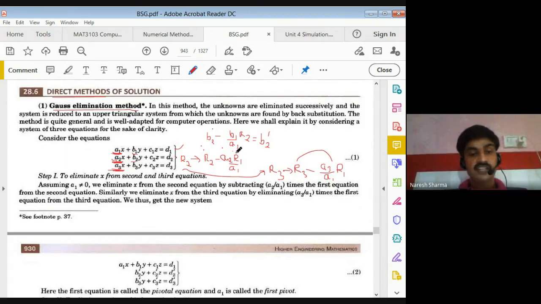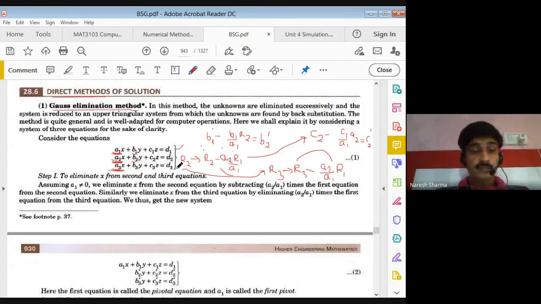Similarly, we operate on this also by using the same formula. The c2 in R2 is c2 here, minus R1 position, here we have c1. Now divide this by a1 as per this formula, multiply by a2, and we assume this as c2 dash.